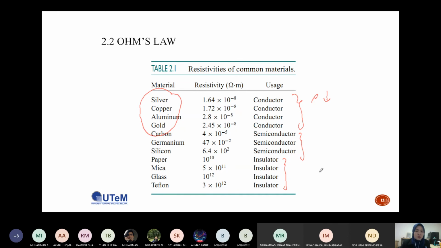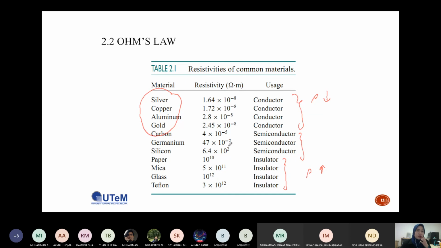But the insulator has a high resistivity. Glass is 10 to the power of 12, Teflon is 3 times 10 to the power of 12, paper is 10 to the power of 10. Basically, paper is not good for conducting electricity.